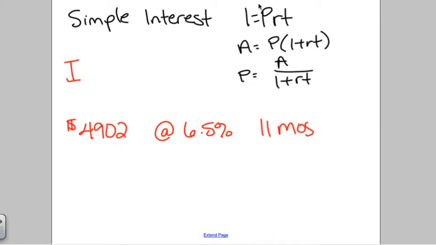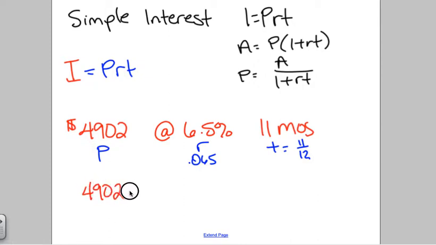That means I'm going to find the interest, so I'm going to use I equals PRT. This is my principal, this is my R, but I need to write it as 0.065, and this is my T, but I need to convert it to years, so that's going to be 11 over 12. So I is 4902 times 0.065 times 11 over 12.